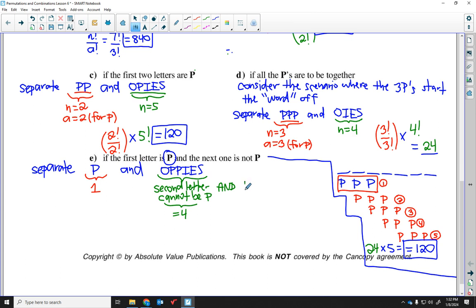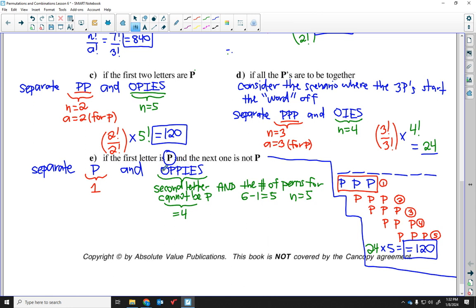And the number of perms for, we started with 6 letters, and we subtracted 1 because one of them was used to form that second letter. So we have 5 here. That's what n is going to be equal to. So n is equal to 5. Just be aware, you still do have a repetition of 2 p's right here.